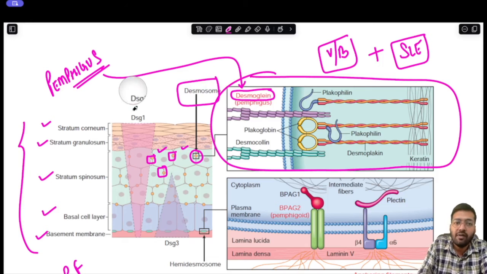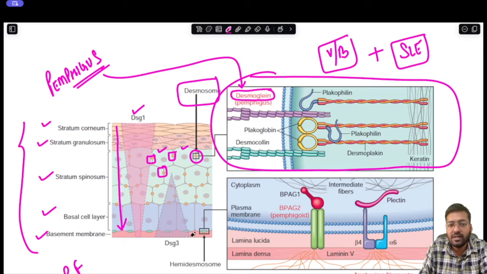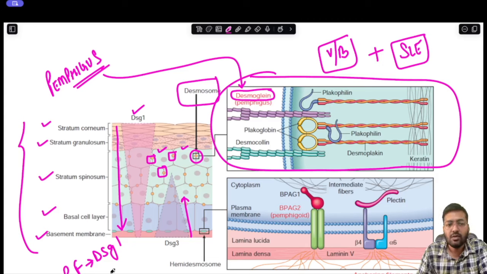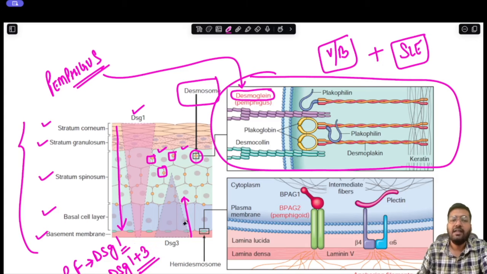Two important ones are desmoglein 1, whose concentration decreases as we go down, and desmoglein 3, whose concentration decreases as we go up. In pemphigus foliaceus, autoantibodies are mainly formed against desmoglein 1, whereas in pemphigus vulgaris, autoantibodies are formed against desmoglein 1 plus desmoglein 3. This is very important for understanding how such blisters form and why they have such locations.